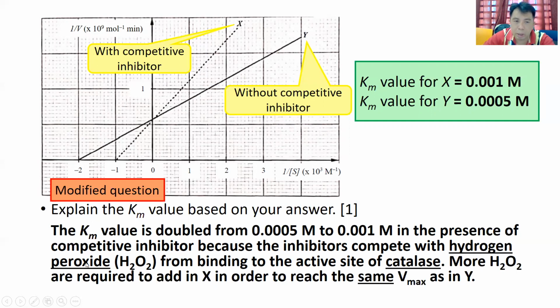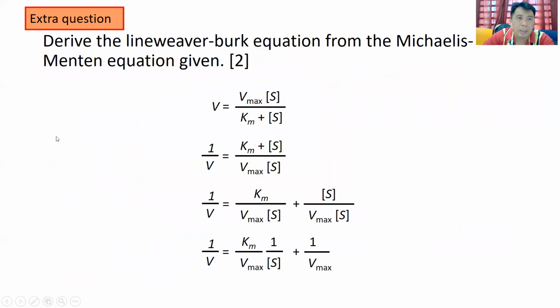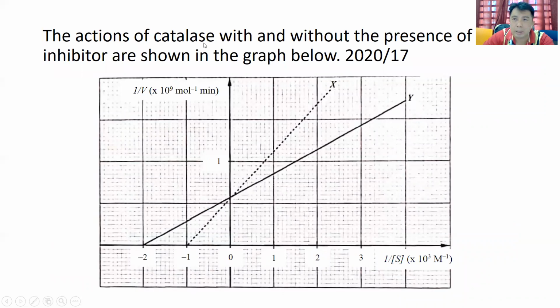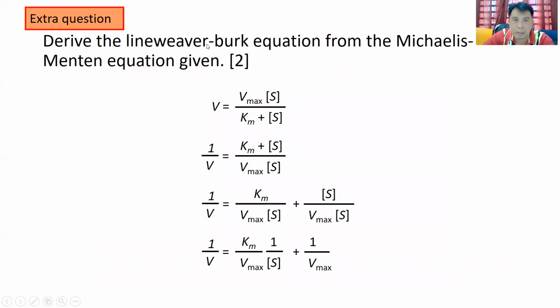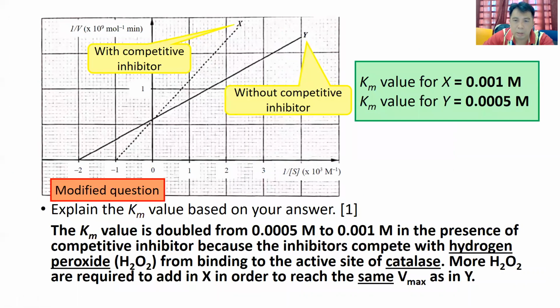Here we need to mention the substrate, because the question says the action of catalase, so the substrate will be hydrogen peroxide, from binding to the active site of catalase, the enzyme name. Then more hydrogen peroxide is required in X in order to reach the same Vmax as in Y. So it's double, that's why more.